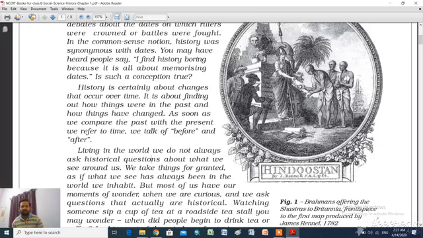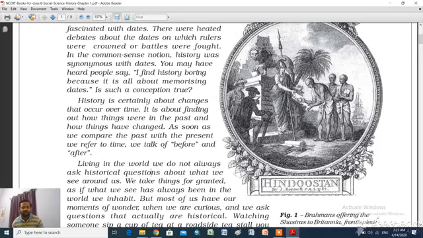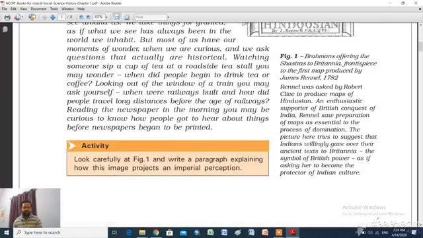So what can you see from this image? You can see that Indians are transferring their knowledge to the British. So here is an example exercise. Look carefully at figure 1 and write a paragraph explaining how this shows projections and imperial perception.